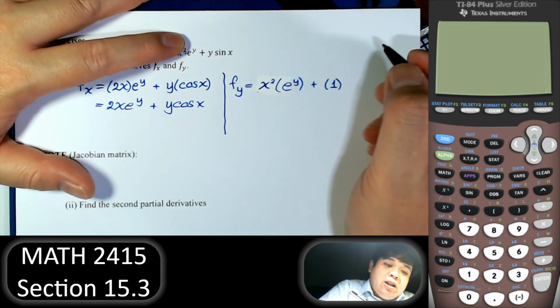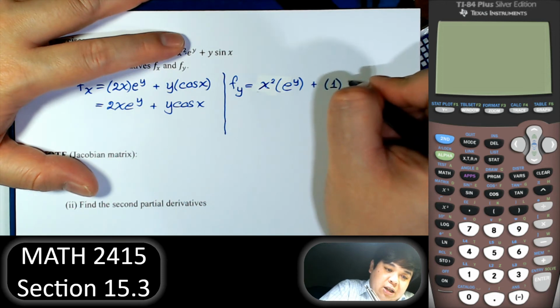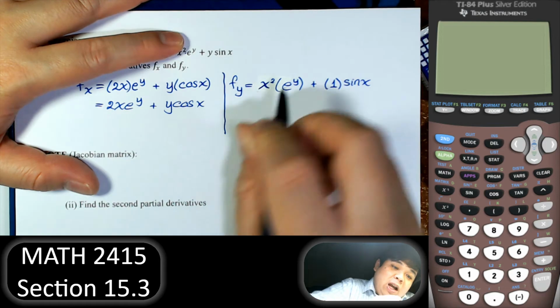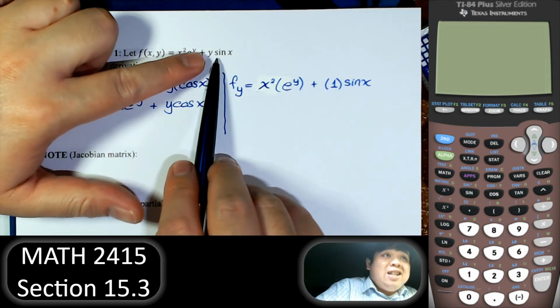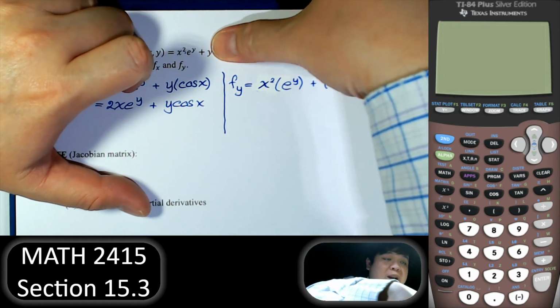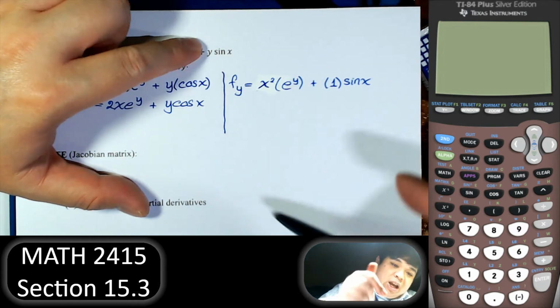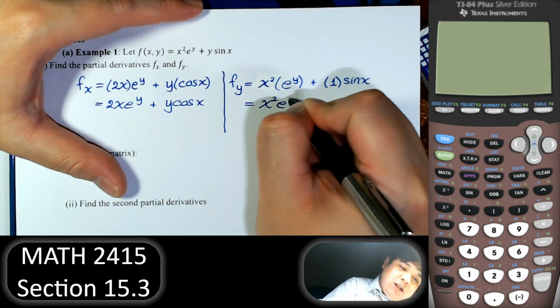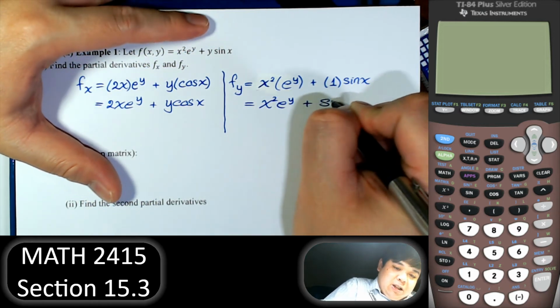Derivative of sine x with respect to y is still sine x. Right? Because with respect to y, sine x is a constant. So that constant will stay. Derivative of y with respect to y is 1. So that's what we have. So we just have x squared e to the y plus sine x.